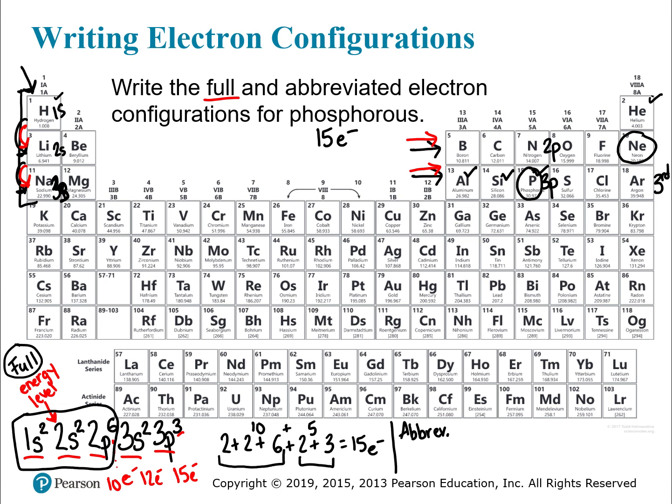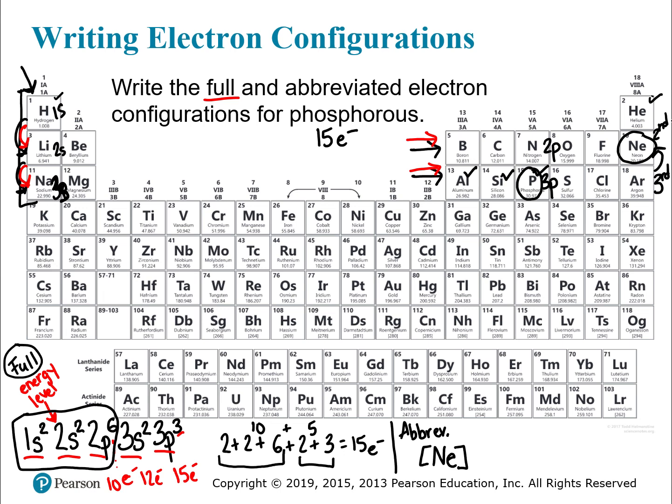So instead of writing all that out, you can write neon in brackets. So you're always going to look for the noble gas that is in the period above the element that you're looking for. We're looking at something in the third period. So we have to use the noble gas from the second period.